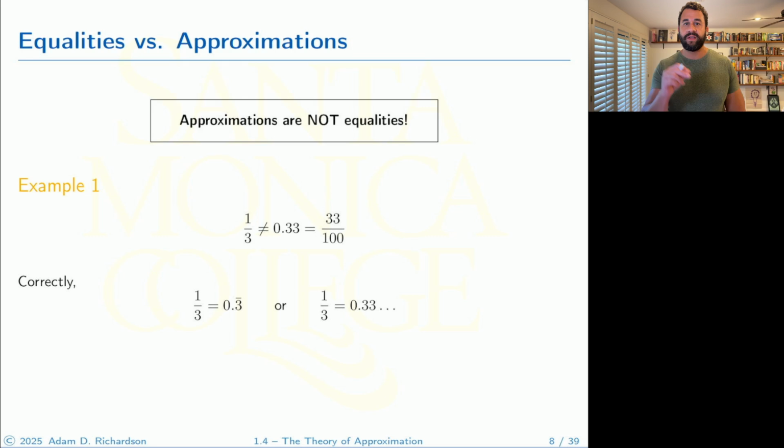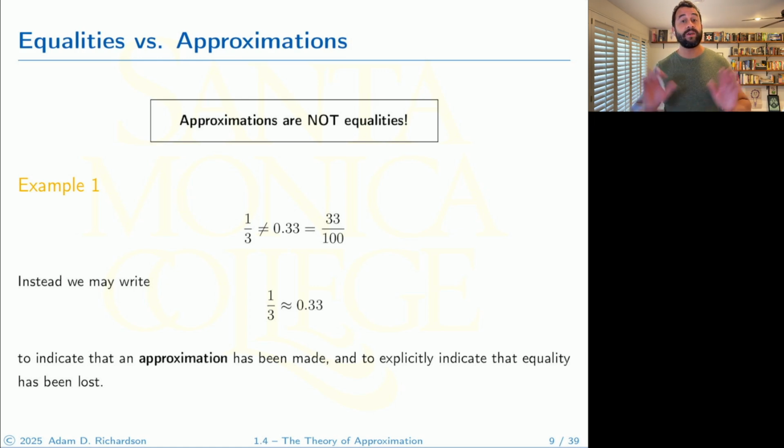We could write a decimal approximation of pi and then put dot dot dot at the end. That doesn't mean that the pattern repeats. It just means that the representation keeps going. So this is what I would recommend if you've got a rational number. That's the best way to write it as a decimal.